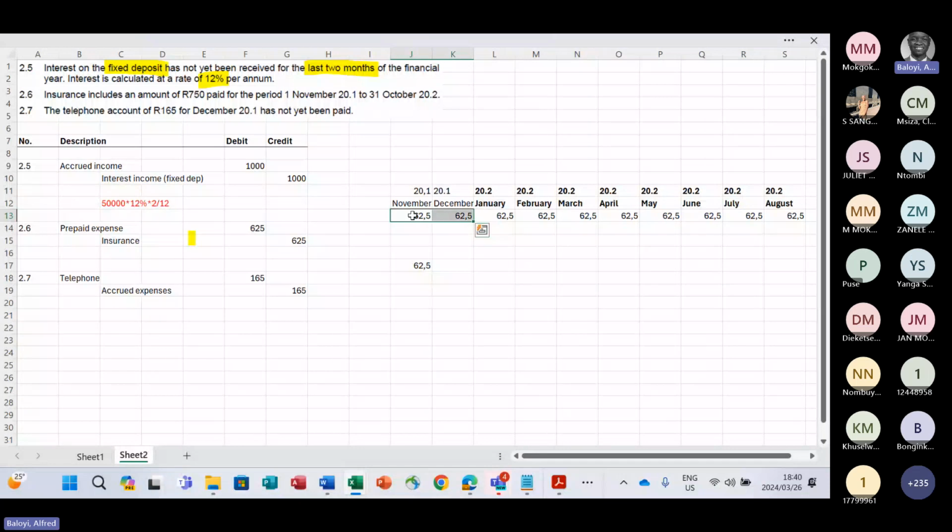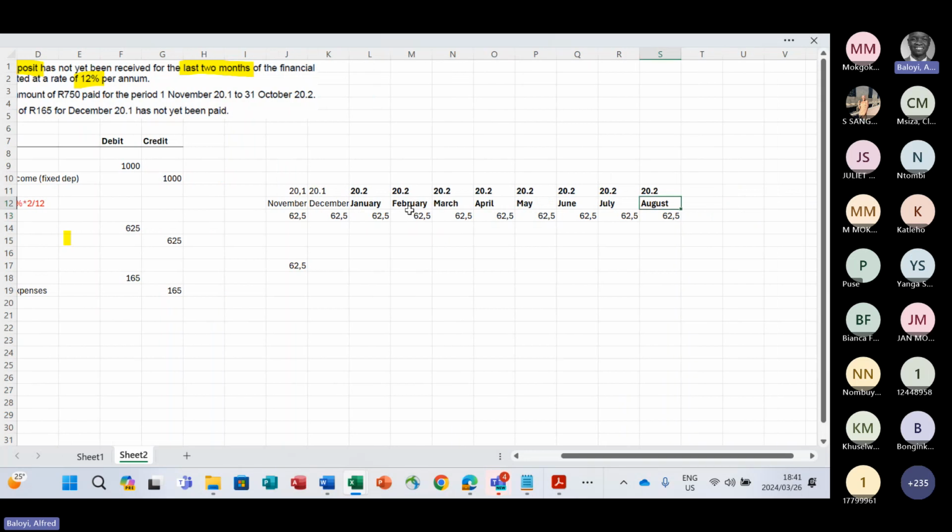You see the total of this amount, it's 750, right? August up to October, September, October.